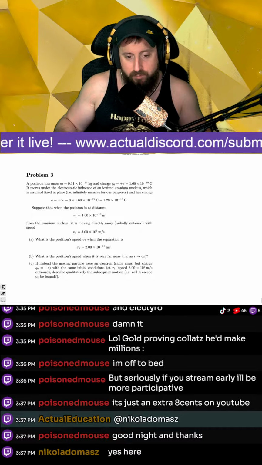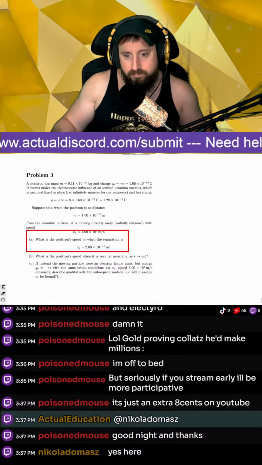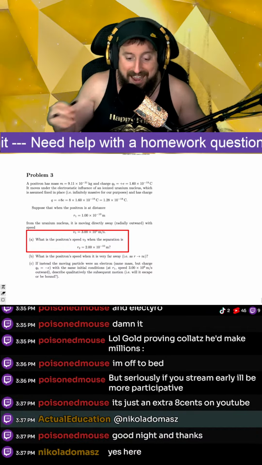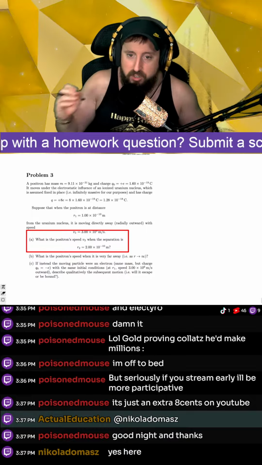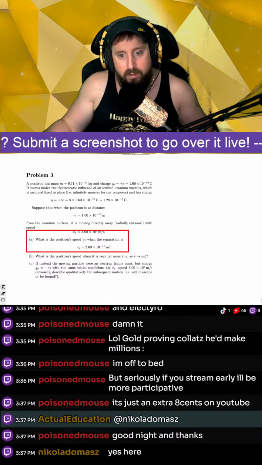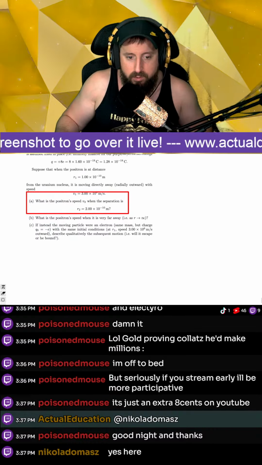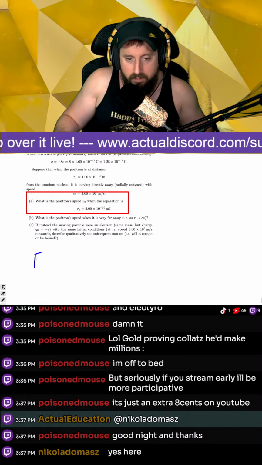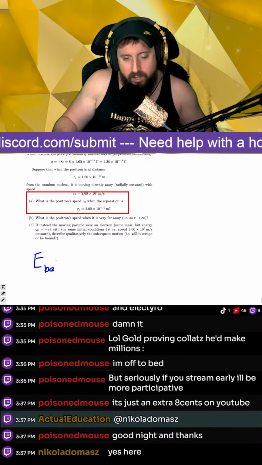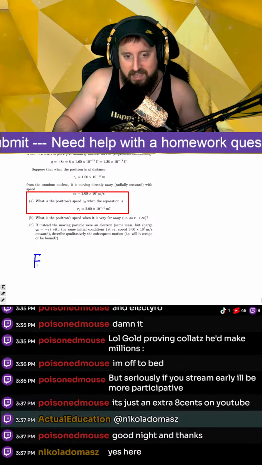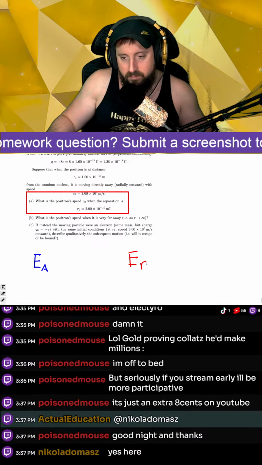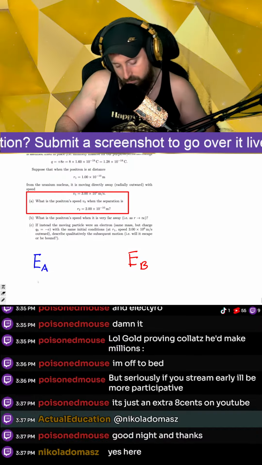So this is conservation of energy, right? The kinetic plus the electric potential energy all has to be the same, right? So let me call this E_A, and then we can have E_B.